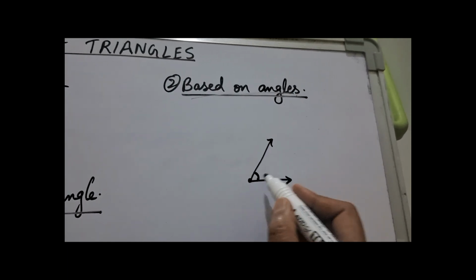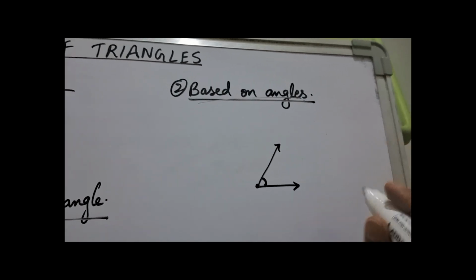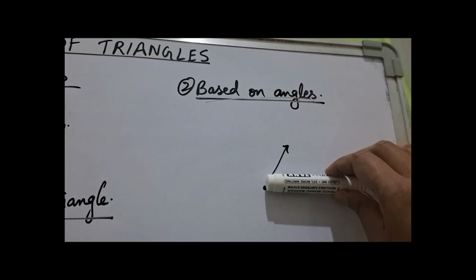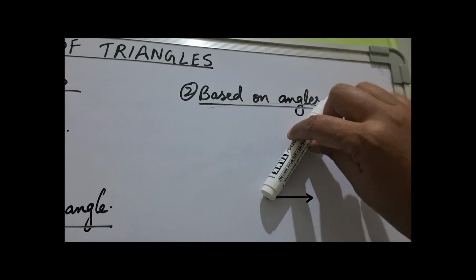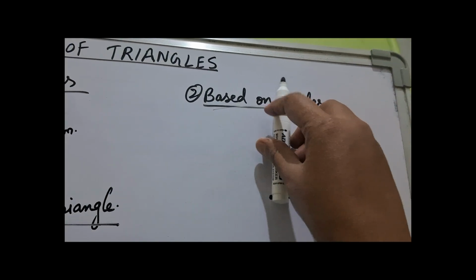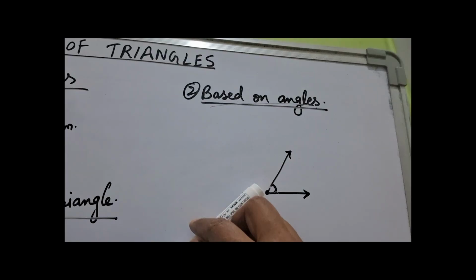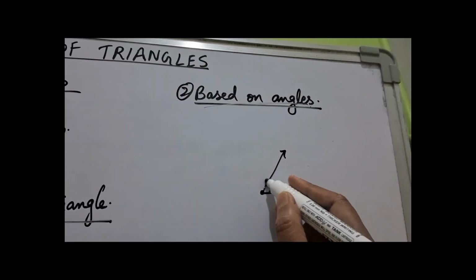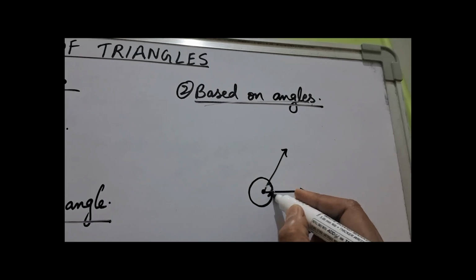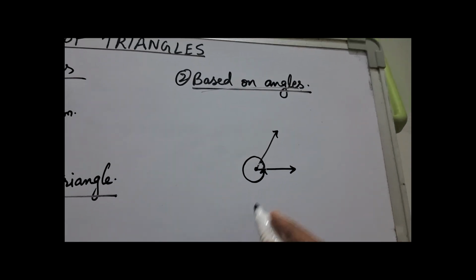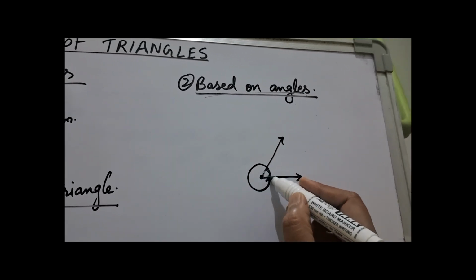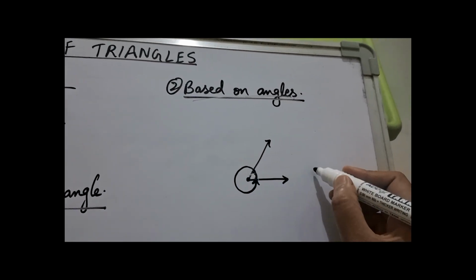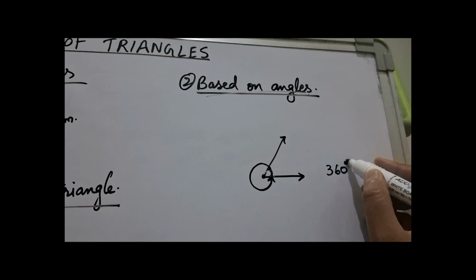Angle, the complete angle, suppose this arm is from here to here. Now suppose it rotates itself completely and comes back here. How much is the measurement of the full complete angle? The full angle, from where it starts, is measured as 360 degrees.